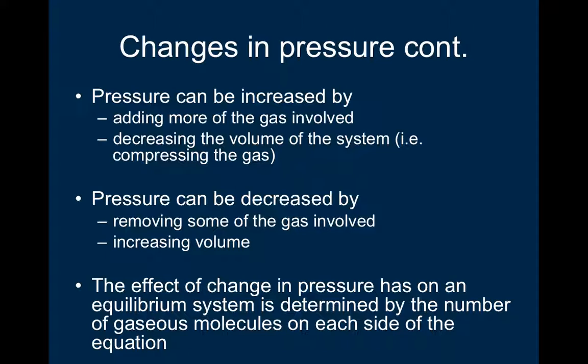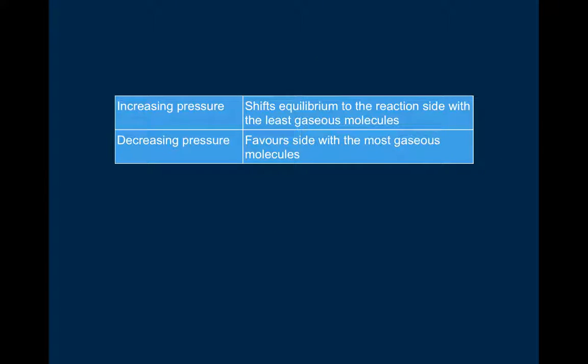Okay, the effect a change in pressure has on an equilibrium system is determined by the number of gas molecules or moles of gas on either side of the equation. So what does that mean? When we increase pressure, the gaseous molecules will be closer together, and the equilibrium will shift to the reaction which has fewer gaseous molecules or moles of gas, to alleviate some of that pressure.